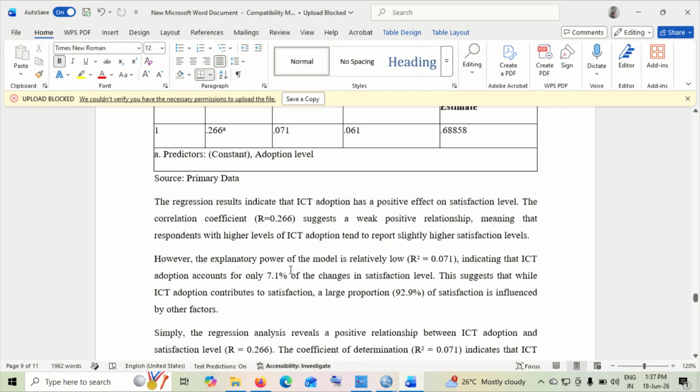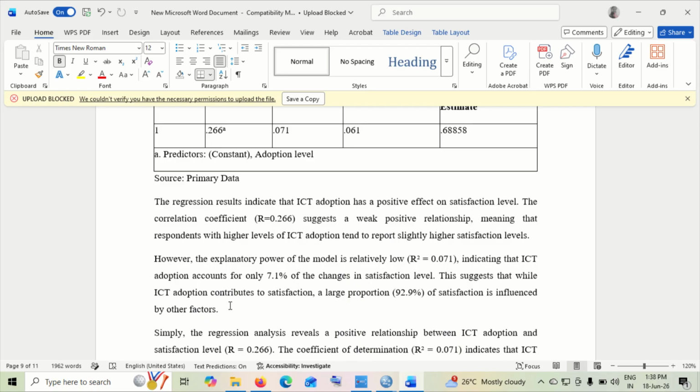However, the explanatory power of the model is relatively low, that is R square is equal to 0.071, indicating that ICT adoption accounts for only 7.1% of changes in satisfaction level. This suggests that while ICT adoption contributes to satisfaction, a large portion, that is 92.9% of satisfaction, is influenced by other factors.